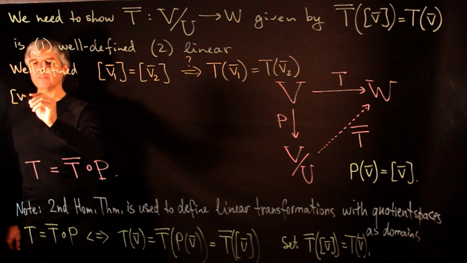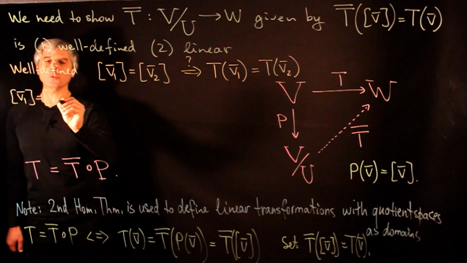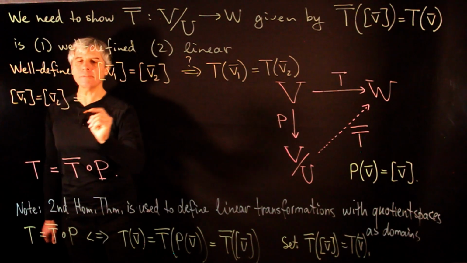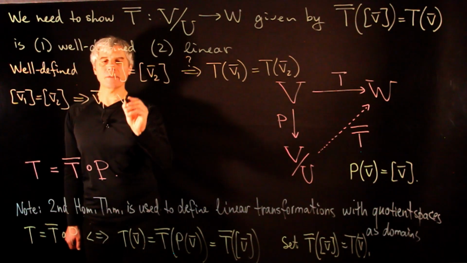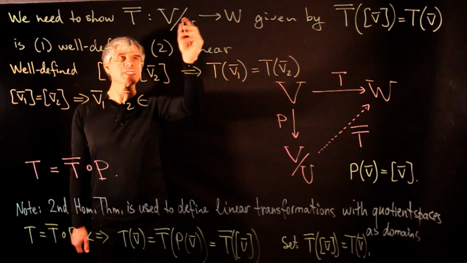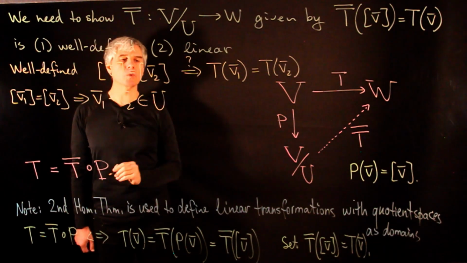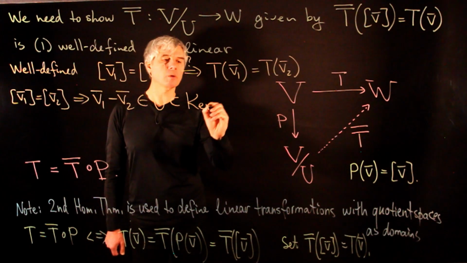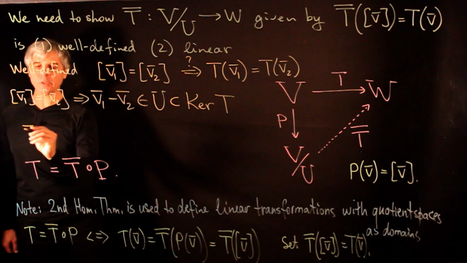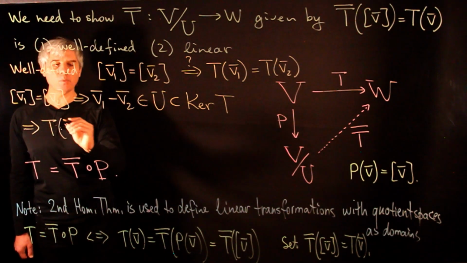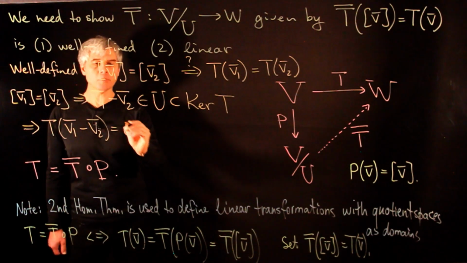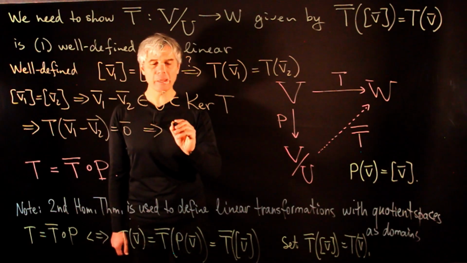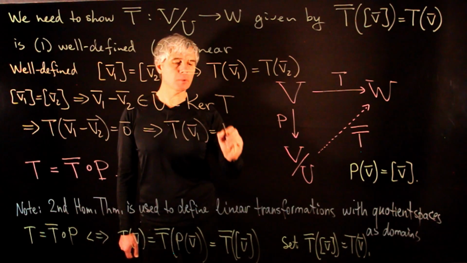And indeed, if the classes of V1 and V2 are the same, this is saying that the difference between V1 and V2 belongs to the subspace that we quotient out, that is U. But we are given that U is a subspace inside the kernel of T. And so this will tell us that T of V1 minus V2 is equal to the zero vector, and this implies exactly what we need. So if we apply linearity of T, then we get T of V1 is equal to T of V2.